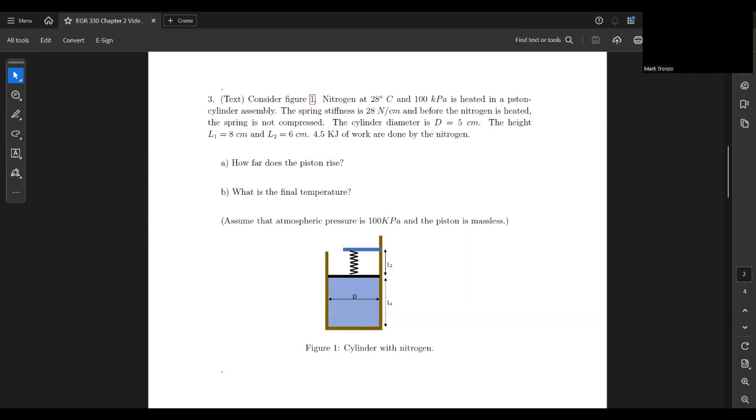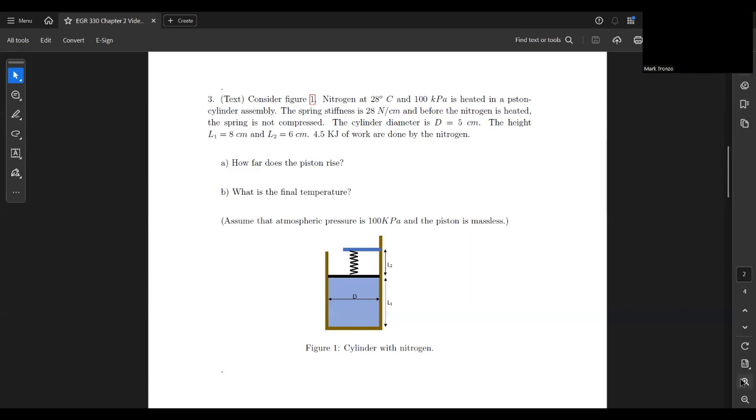The cylinder diameter is 5 centimeters. You can see from the diagram what it's referring to. The height L1 is 8 centimeters and L2 is 6 centimeters. 4 kilojoules of work are done by the nitrogen.